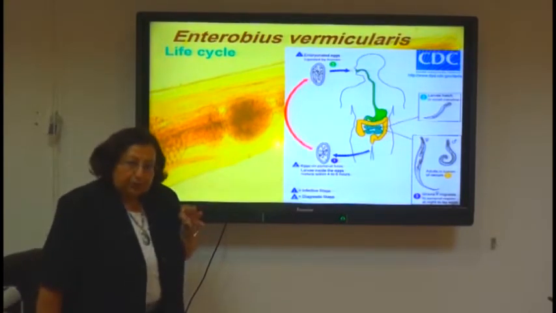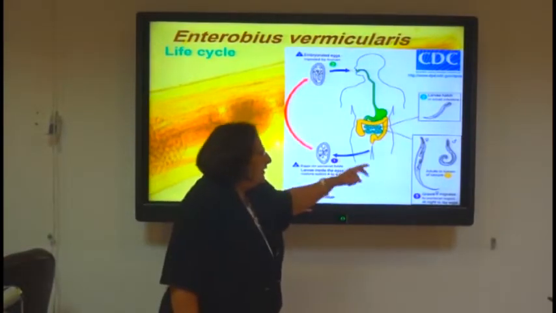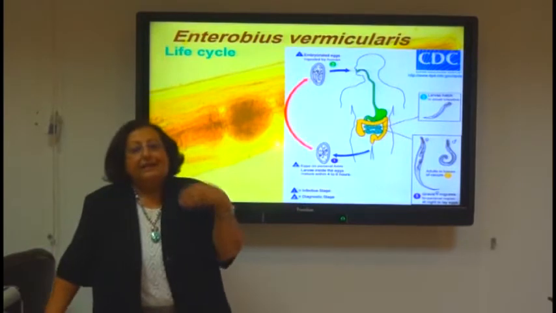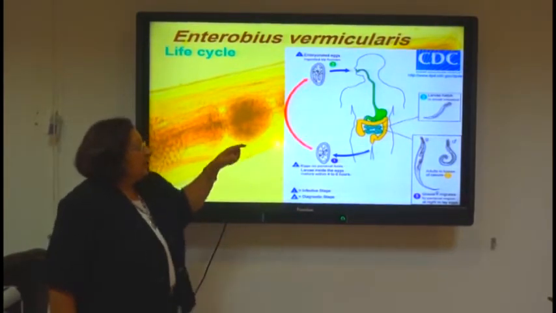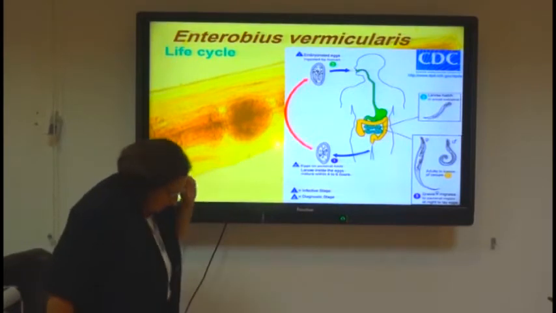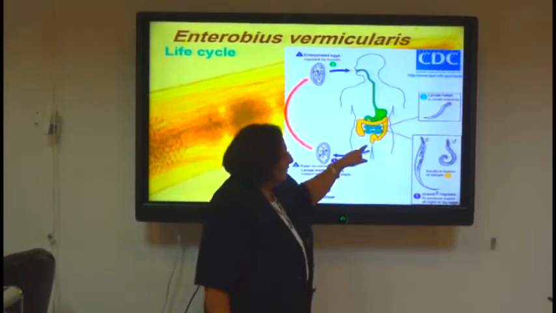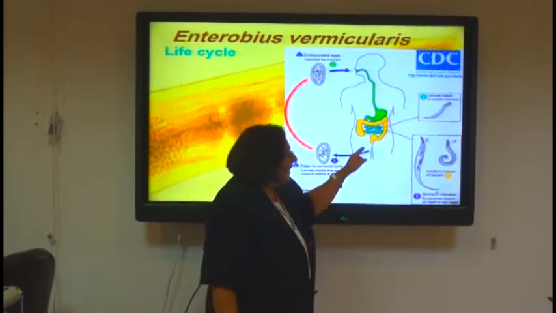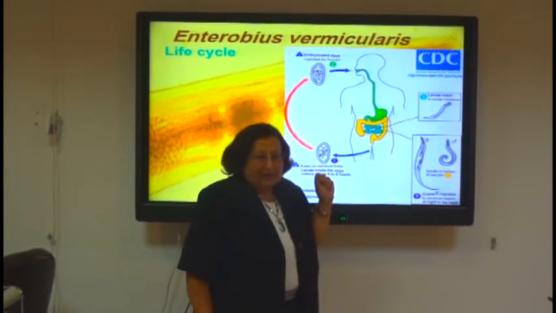Once they are mature, copulation between male and female takes place. The male, after copulation, dies and is expelled in the feces. The female generally moves until it reaches the anus, where it comes just out to lay the eggs in the perianal folds, and then moves back again.